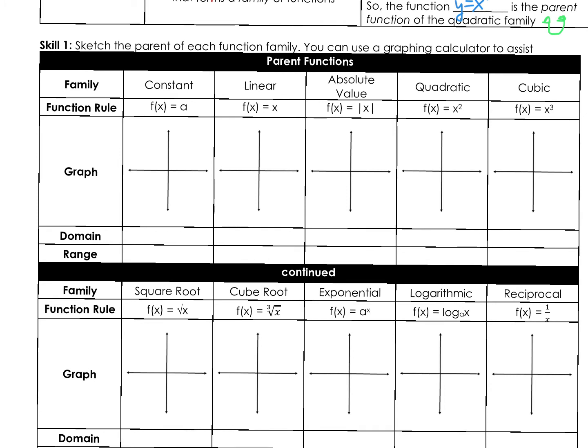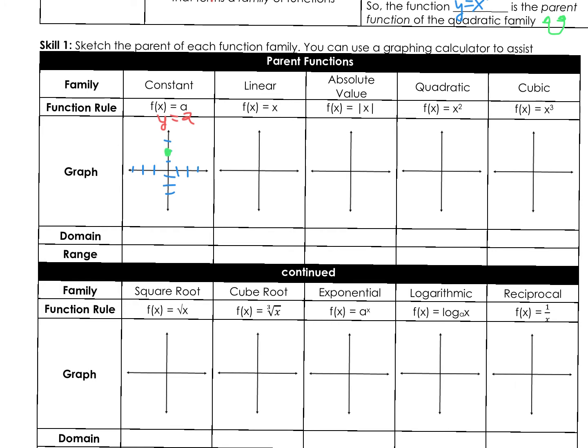Your constant function, you actually have graphed a lot of. So here's an example of what it might be, like y equals 2. A represents just any number. And remember, f of x is always y. So this is either a vertical or horizontal line. Okay, so I'm going to plot 2 on the y-axis because it says y equals 2.